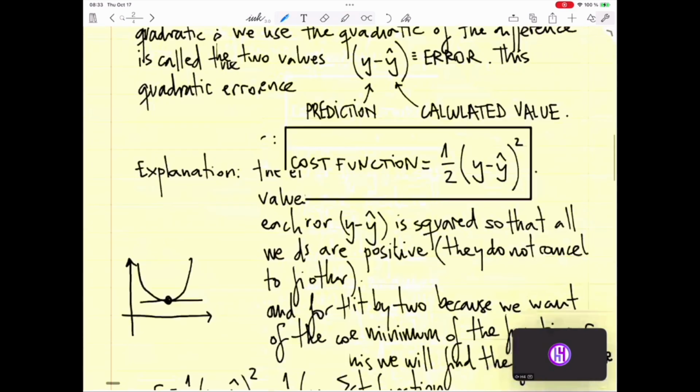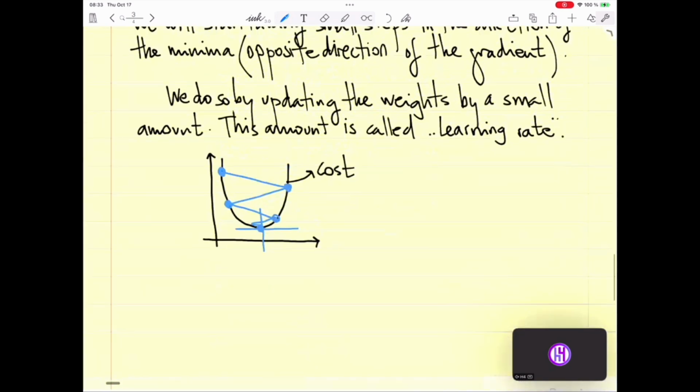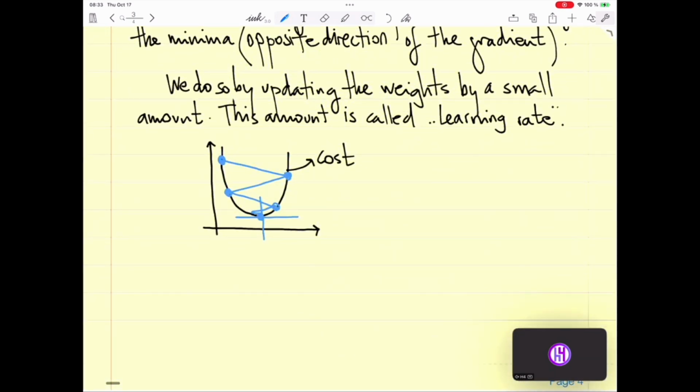So if we paint that again here, we have a vector of an input that is multiplied by a vector of weights that goes into some sort of thing that puts it together.